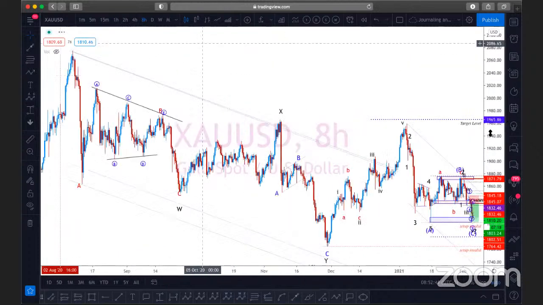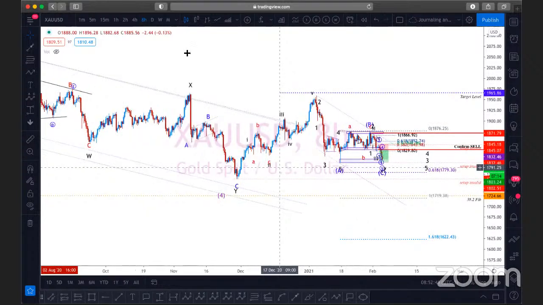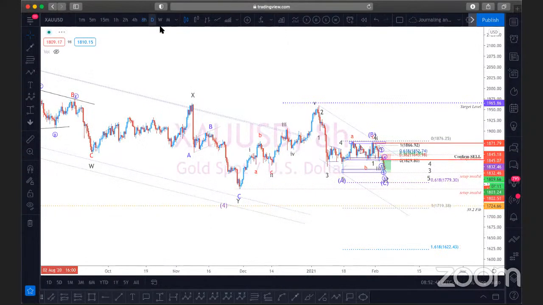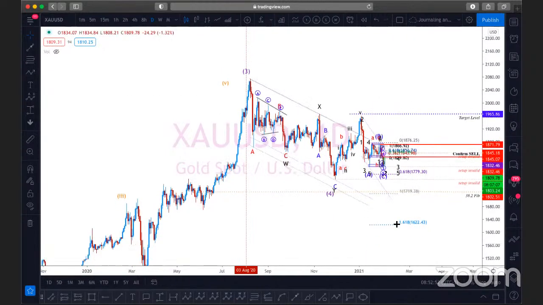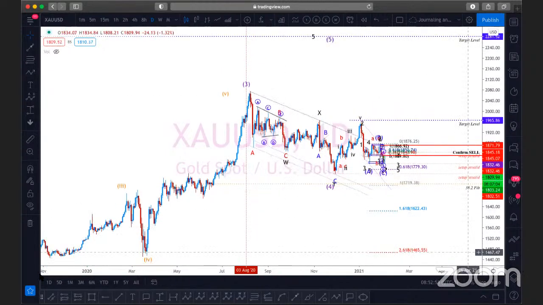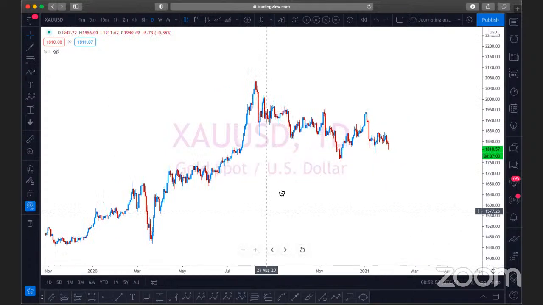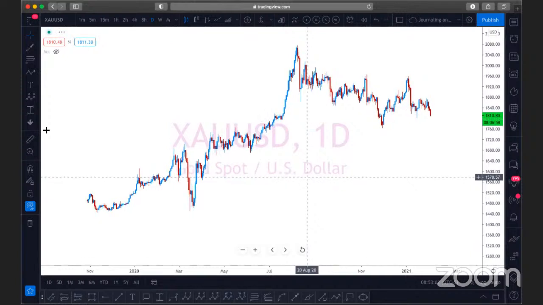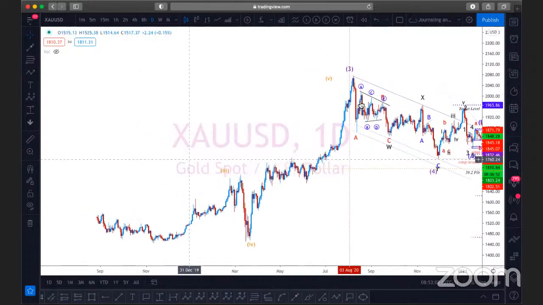From here, let's take it to the daily time frame, and let me just clear up a few things. We're looking at the overall market completing its third wave overall out of the grand cycle.